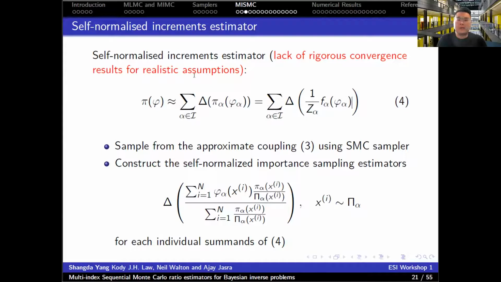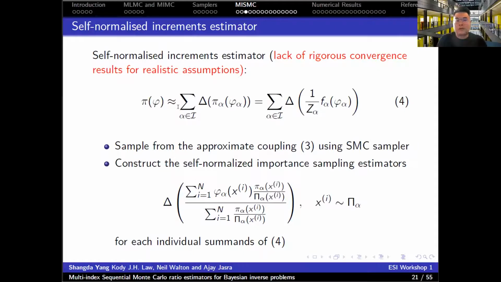I will show you what these realistic assumptions are in, I think, the next slide. With these estimators, we can sample from the approximate coupling using the SMC sampler and construct the individual sum like this.